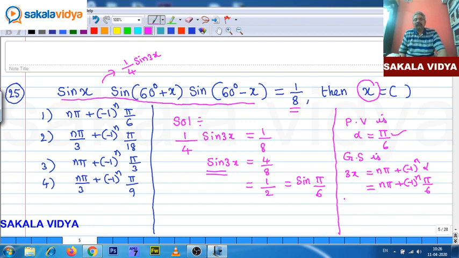But we need to find x, so multiply both sides with 1 by 3: n pi by 3 plus minus 1 to the power of n into 1 by 3 into pi by 6, which means pi by 6 into 3, 18. So which is the right option now? Second option is the right option.